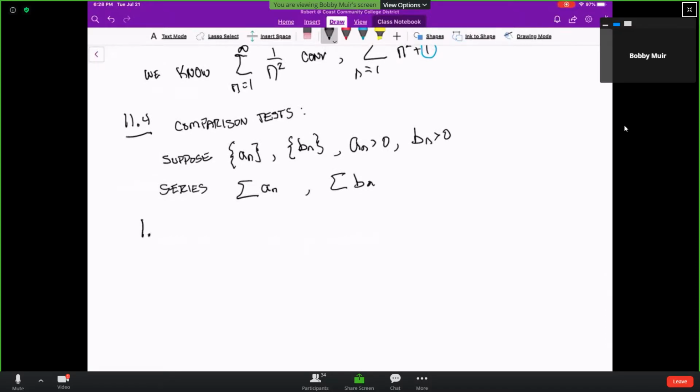So number one, what if a sub n is less than or equal to b sub n for all n, and the sum of the b sub n's converges? Then wouldn't it stand to reason that the a sub n's must converge?